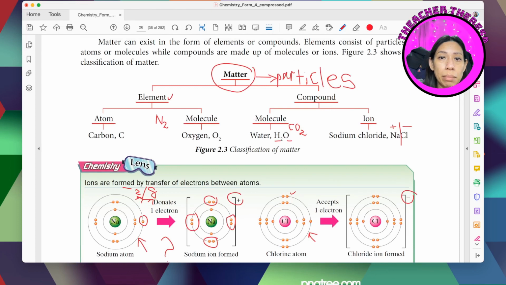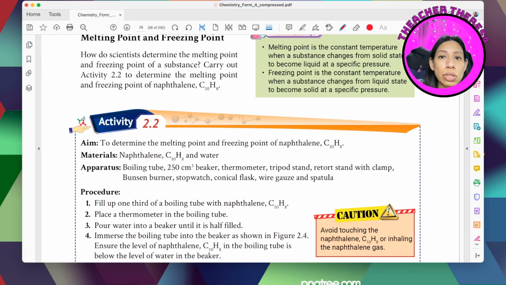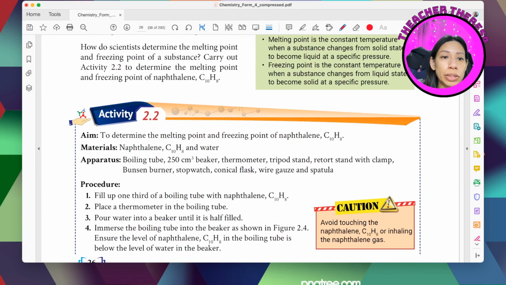All right, that is on matter, particles, molecules, ions, and atoms. Okay, let's go to activity 2.2. Activity 2.2 explains an experiment to find out the melting and freezing point of a substance, naphthalene. What is the meaning of melting point? Melting point is the constant temperature, meaning it only consists of one temperature, when a substance changes from solid to liquid.